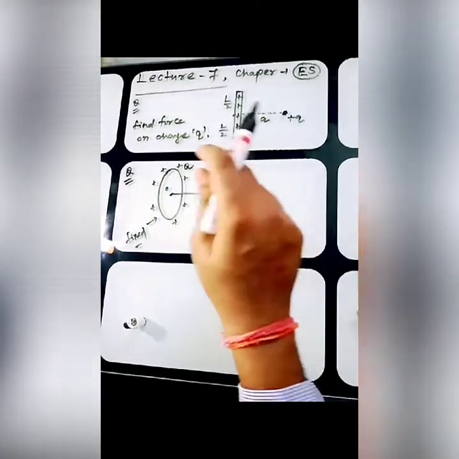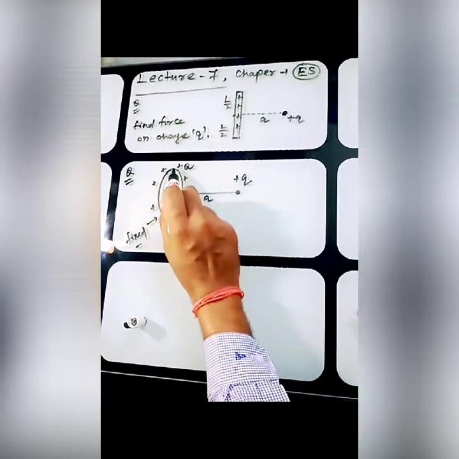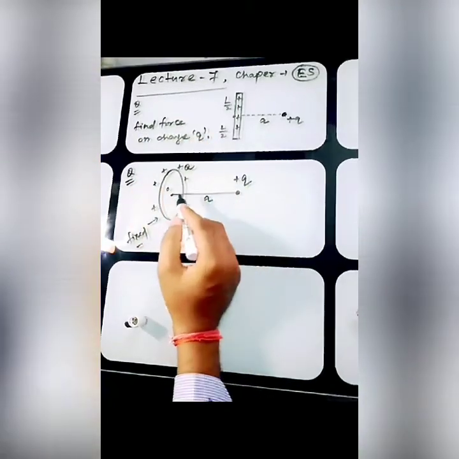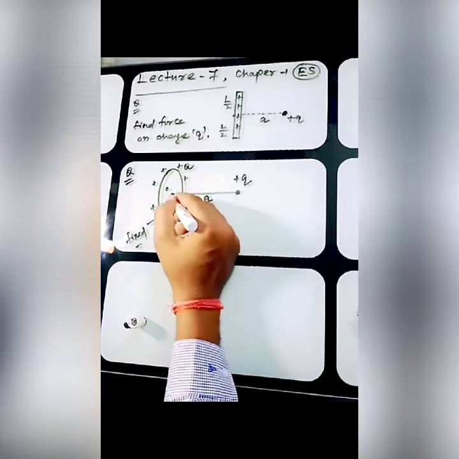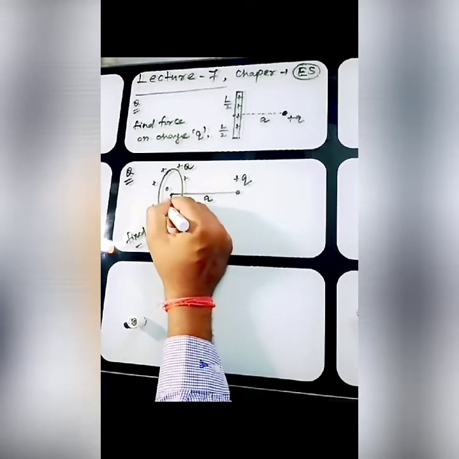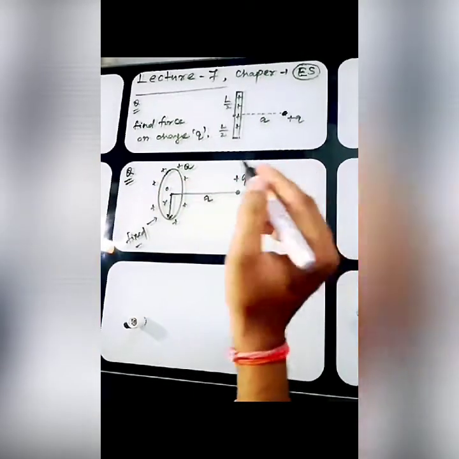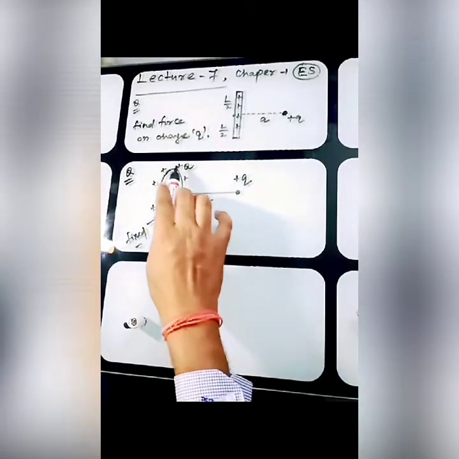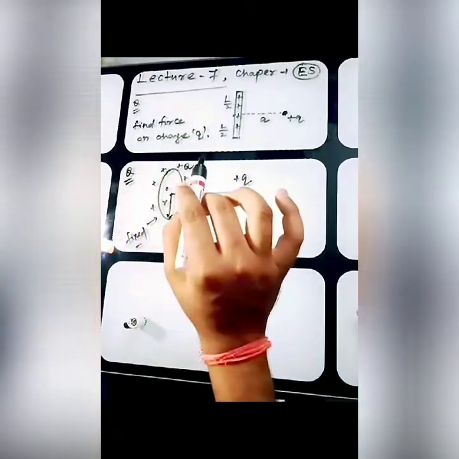You will again take an elemental section of this ring. Here I am giving you the radius of the ring, it is R. This is given. Okay, what is given? The charge on the ring, it is plus Q, given.